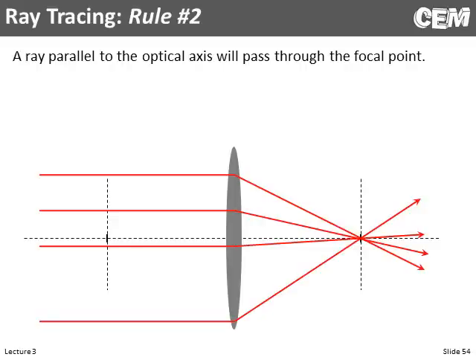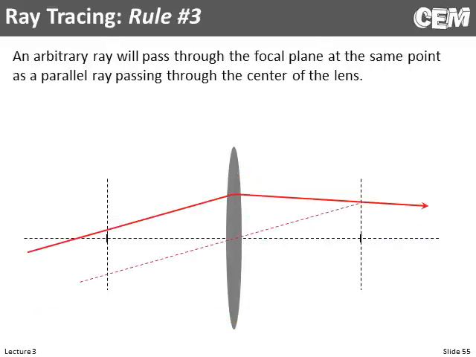But it's useful to know. And rule number 3, for an arbitrary wave at some angle, if you draw something parallel to it that passes through the center of the lens, those two rays will pass through the same point in the focal plane. So really just rules 1 and 3 can predict rule number 2, but that's the basic rules of ray tracing.